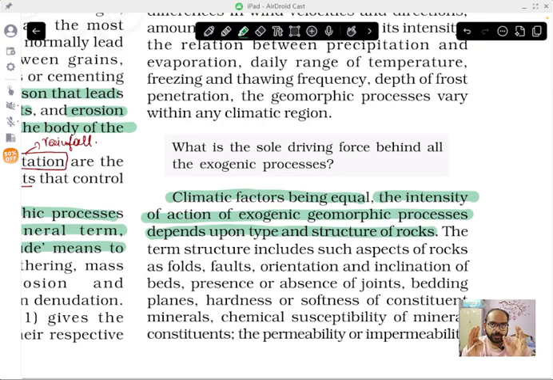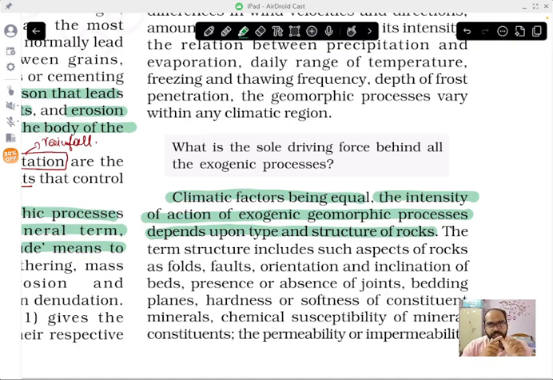So these exogenic processes act on different types of earth materials or rocks. Some may be thin, some may be thick, some may have loosely bonded molecules, some may have strongly bonded molecules. So depending upon the earth material also, this geomorphic process operates differently.